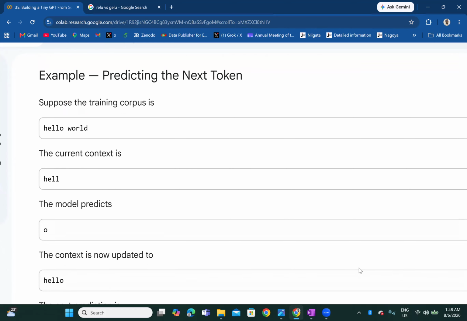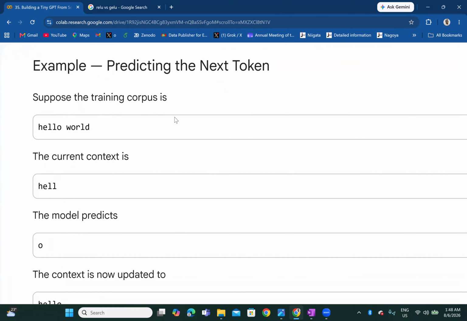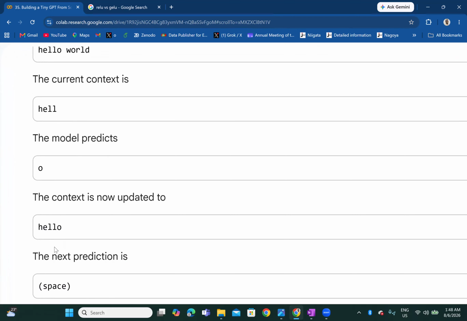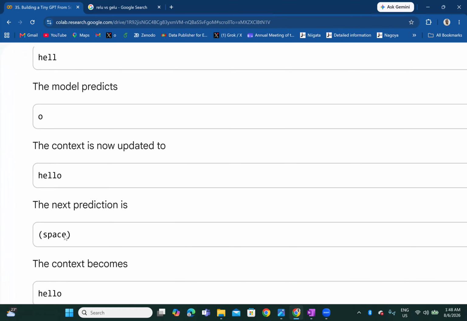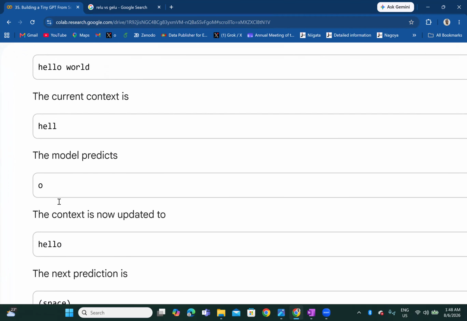For example, predicting the next token. Suppose the training corpus is "hello world." You have trained your model on hello world, right? The current context is now "hell." The model predicts that, based on what it has been trained on, after "hell" it should be "o." So the context is now updated to "hello." The next prediction will be a space, because there was a space in between.